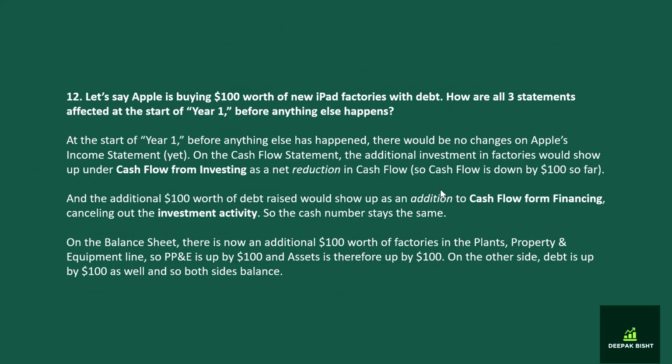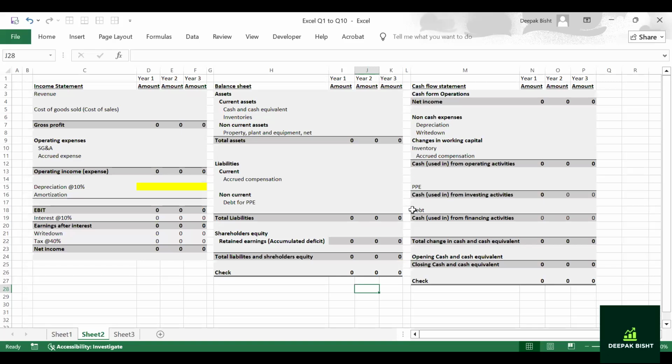So Apple is actually purchasing $100 worth of factory with debt. In year one, they are purchasing $100 worth of factories with debt. So they are going to purchase factory.